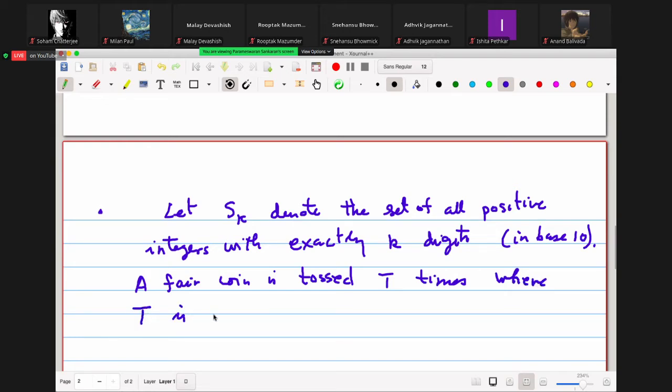T is a random variable that takes values 1, 2, 3, 4, etc. So we just simply briefly say that T is a random number. This is short for saying T is a discrete random variable which takes values 1, 2, 3, 4, and so on.